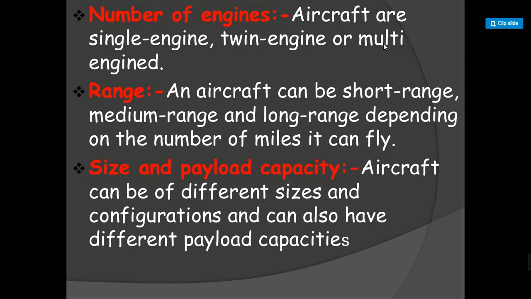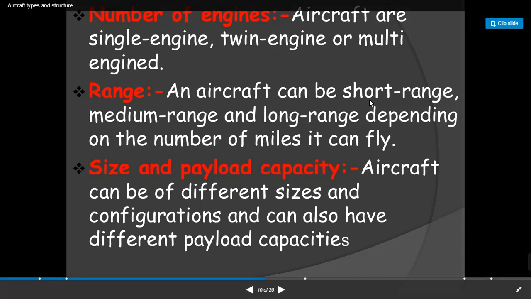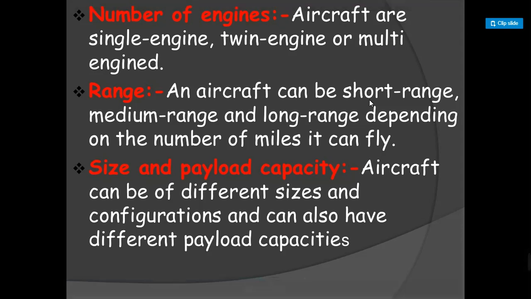Then range. An aircraft can be short range, medium range, or long range, depending on the number of miles it can fly. Of course, short range aircraft only cover routes like Cagayan to Cebu, Dipolog to Cebu, Dipolog to Dumaguete, Dipolog to Davao, Cagayan de Oro. Short range can't travel far.